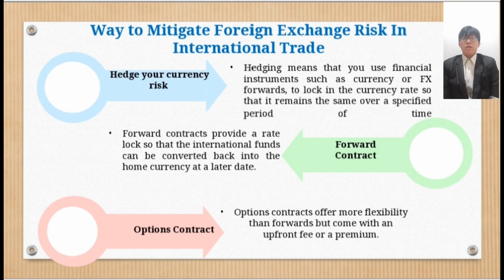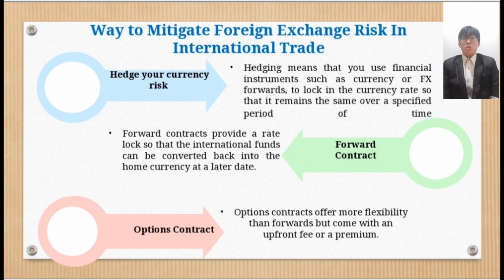This contract requires a deposit amount with a currency broker. Although a forward contract provides a rate lock to protect the investor from adverse moves in an exchange rate, that protection comes at a cost since forward contracts do not allow investors to benefit from a favorable exchange rate move.